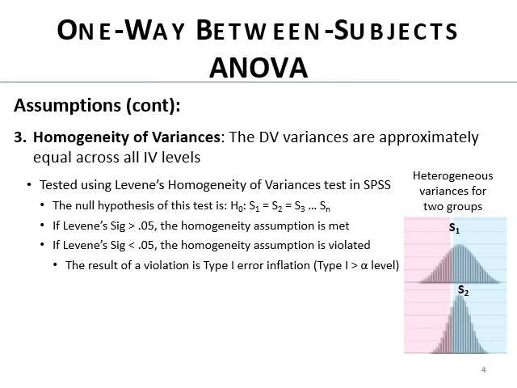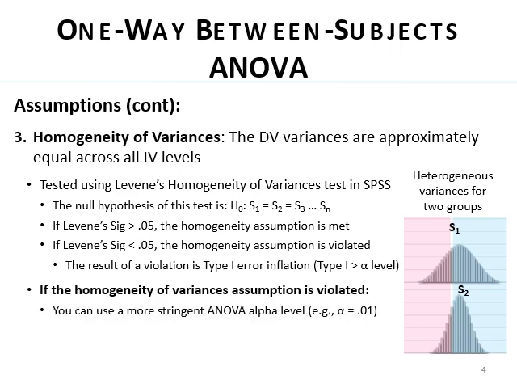And so we call that type 1 error inflation. So if you violate the homogeneity of variance assumption, there's 2 things you could do really. One is you can implement a more stringent alpha level. So instead of using 0.05, you could counter that type 1 error inflation by using a more stringent alpha level, say 0.01. It reduces your power though.